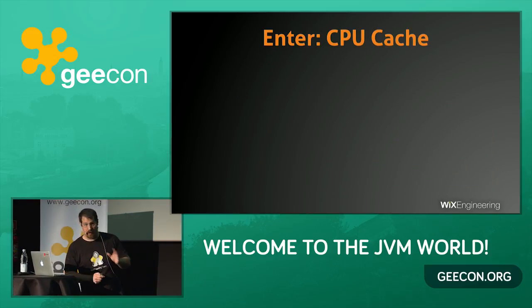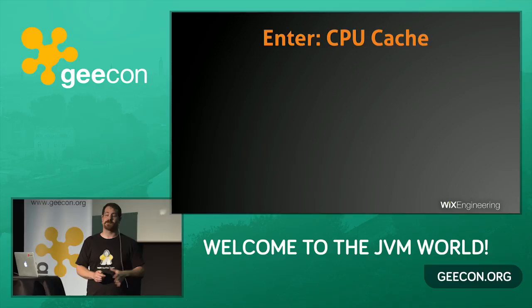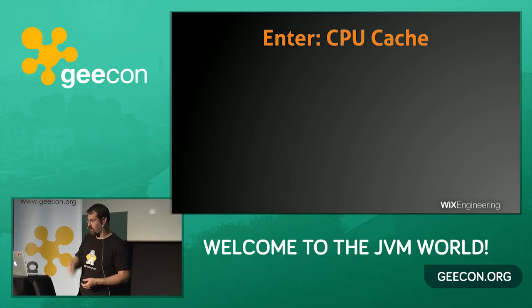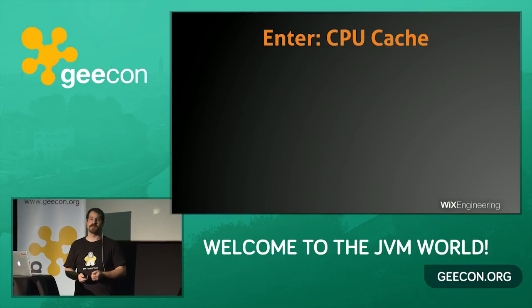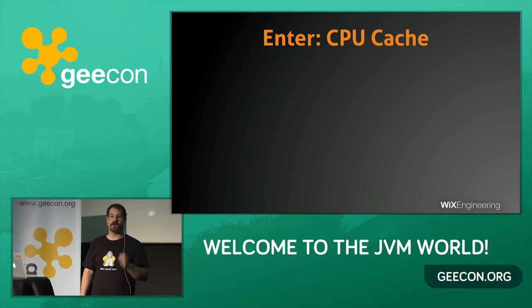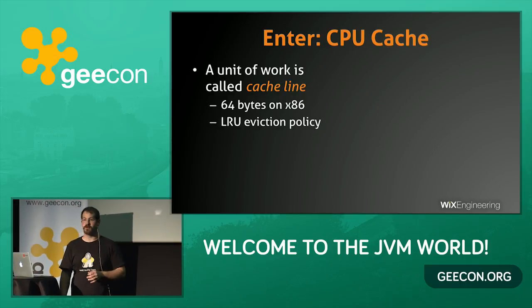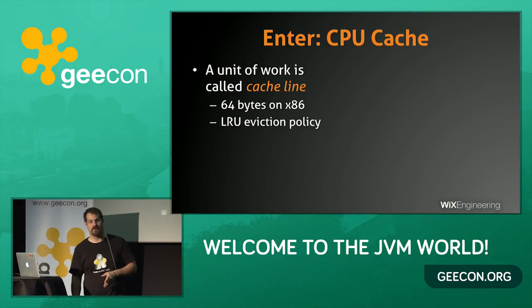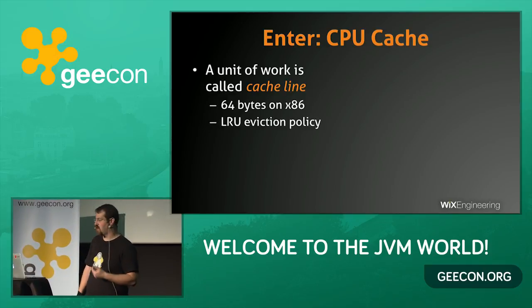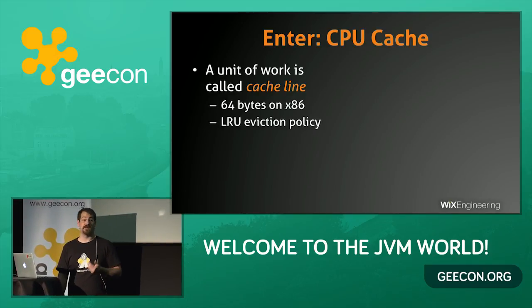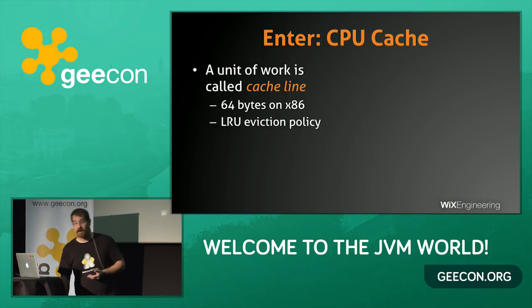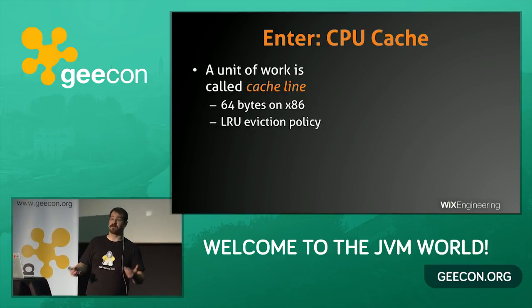Now, another critical aspect of the CPU cache that a lot of people miss is that the CPU cache doesn't know the concept of a single byte. It doesn't care. The atomic unit for a CPU cache is called a cache line. For most modern CPUs, not just x86, but certainly the kind of CPUs your code usually runs on, cache lines tend to be 64 bytes in size, and they use a least recently used eviction policy.